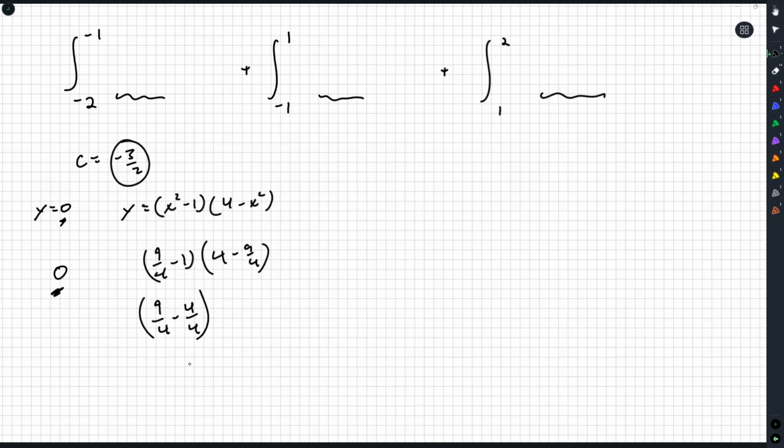So we get the first factor here is 5/4. That's positive. But the second factor here is 7/4. So okay, we're bigger. So positive times positive. This is the bigger function.